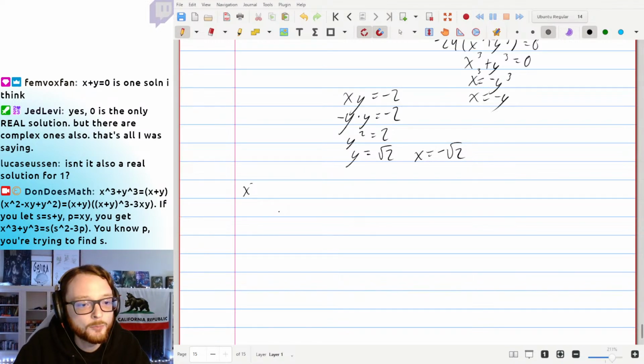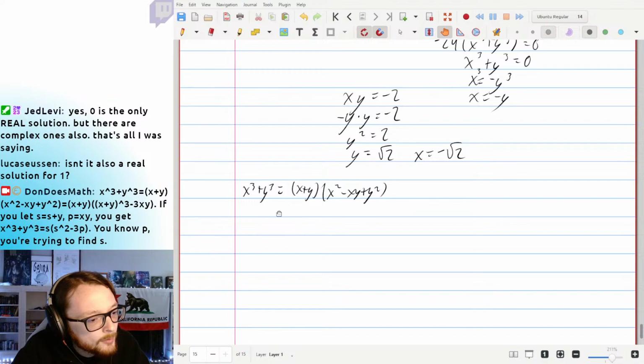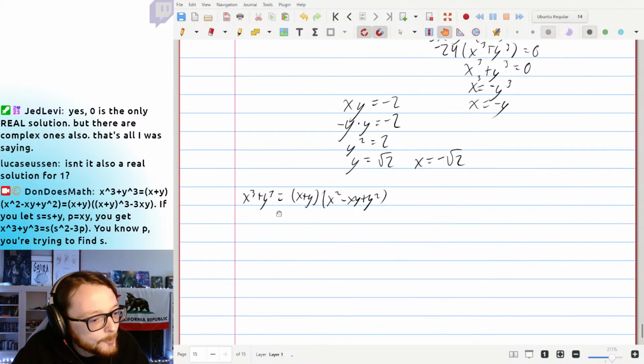So if you factor x cubed plus y cubed with the sum of two cubes, you get x plus y times x squared minus xy plus y squared. And then you also, that second inequality doesn't seem quite right.